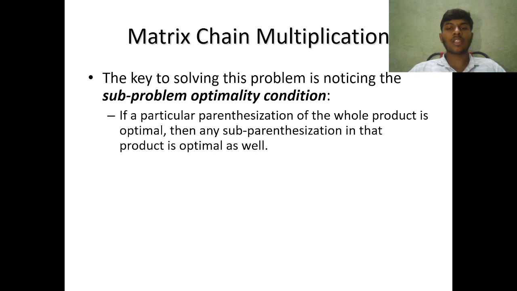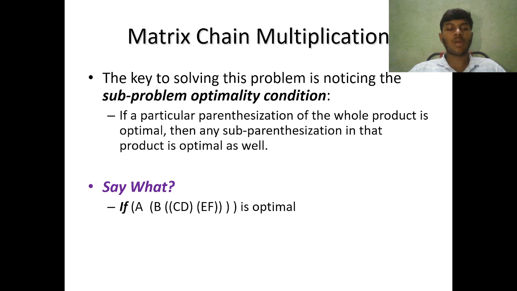The key to solving this problem is noticing the subproblem optimality condition. If a particular parenthesization of the whole product is optimal, then any sub-parenthesization in the product is optimal as well. Say what?